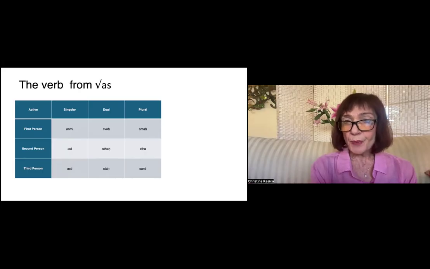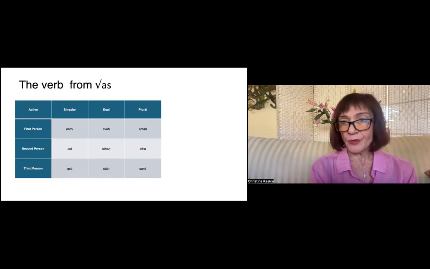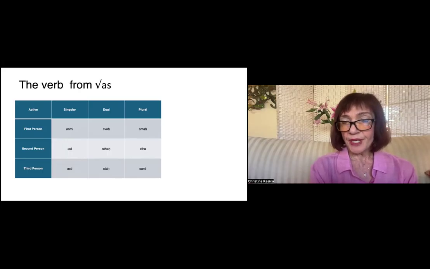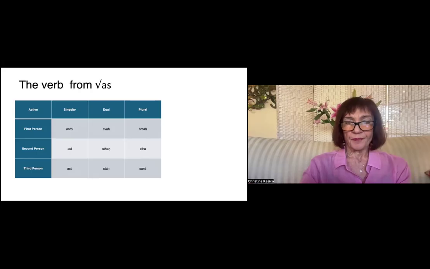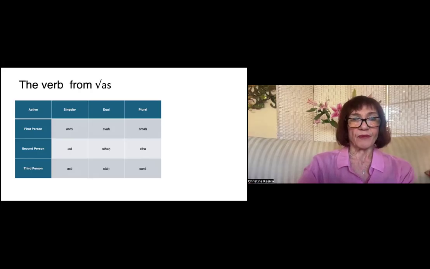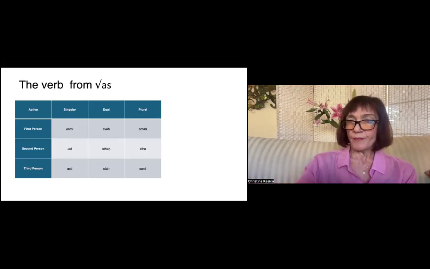You two both are, and many of you are. And the third person is he, she, or it is. The dual would be they two are, and the plural would be they many are. So that's just an example of a Sanskrit verb form. And this structure will hold for all verbs.